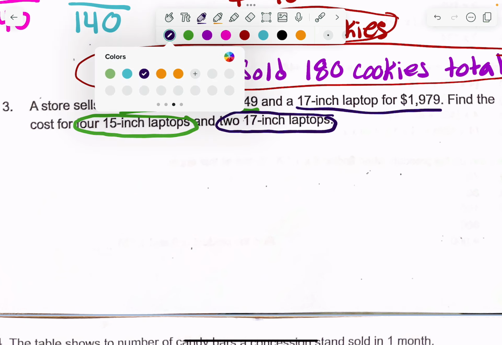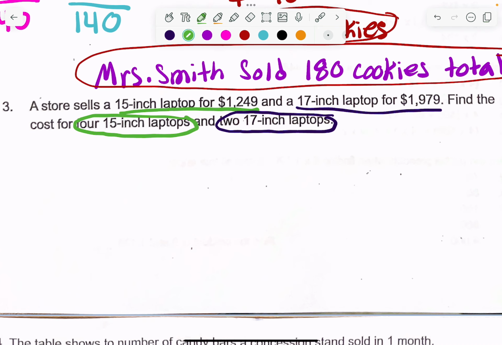So if I need to find the cost of our 4 15-inch laptops, I'm going to take 4 times the price of each laptop. So 1,249 times 4. The method I could use for this one is partial products. This would be a good one to use, or you could break it up like I'm going to show in the next one.